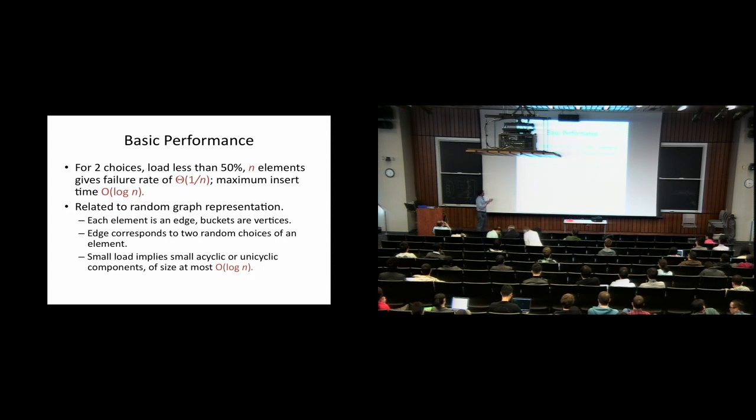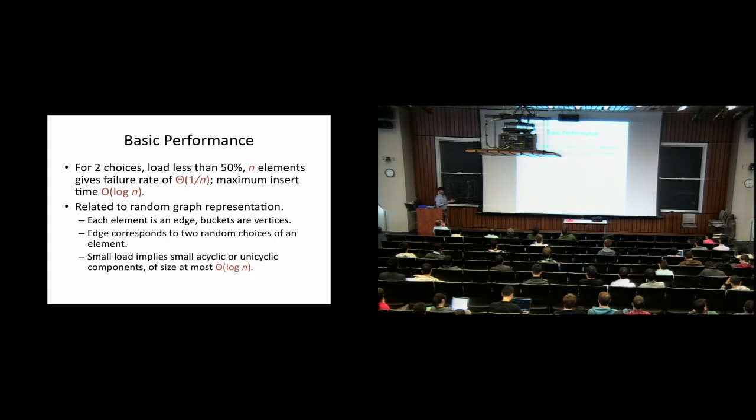Okay? So the basic theoretical results are that if you have 2 choices and your load is less than 50%, that is, I have like 100,000 cells and I'm only trying to place fewer than 50,000 things, then the failure rate falls like 1/n, and the insert time will be logarithmic. And you can just think of this in terms of a random graph representation, where each element is an edge and the buckets are the vertices.